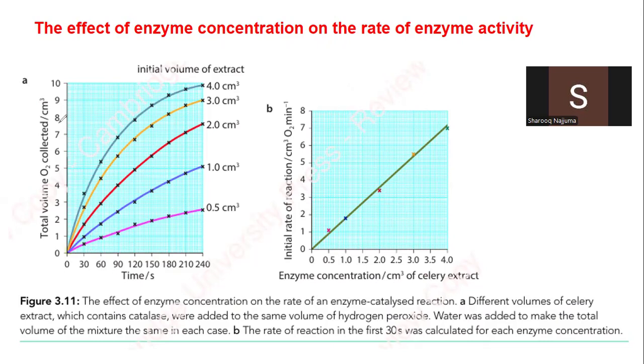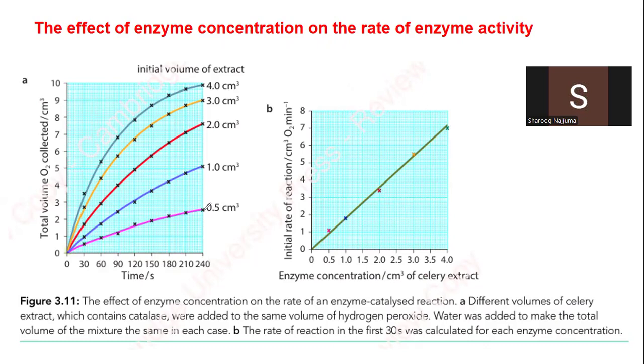Eventually a graph was plotted. When you look at this graph, it shows that as time increases in all extracts that were used, we see the rate of reaction also increasing because more oxygen is being released.